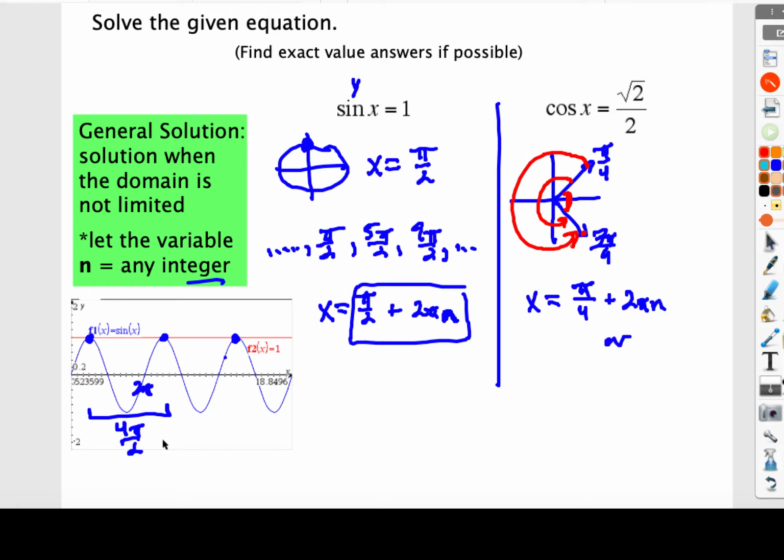So I can't write them as a single statement. I'm going to have to add on another general statement. But all possible answers to my equation would come from those two general statements put together. Again, that's what we call a general solution.